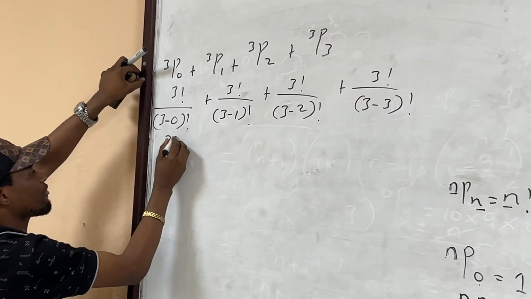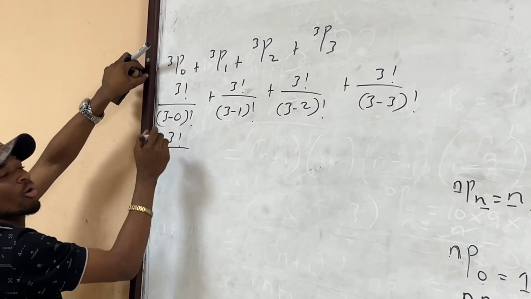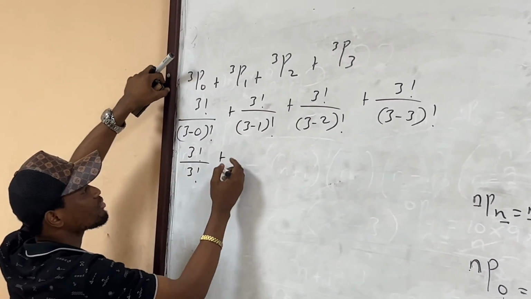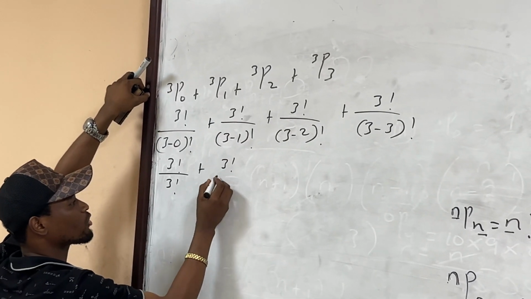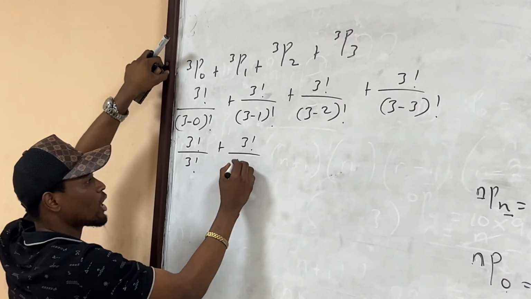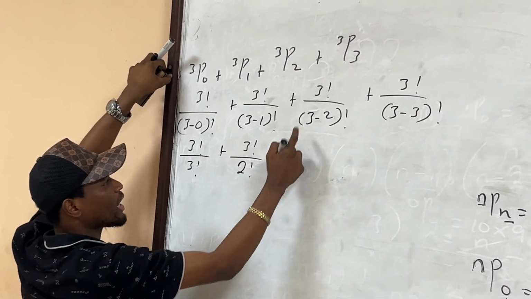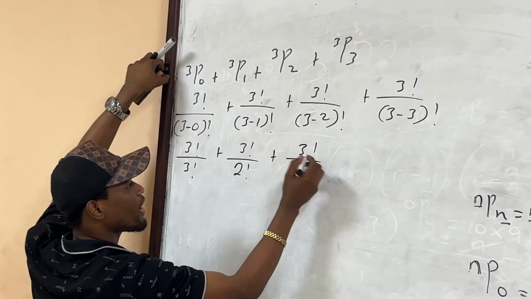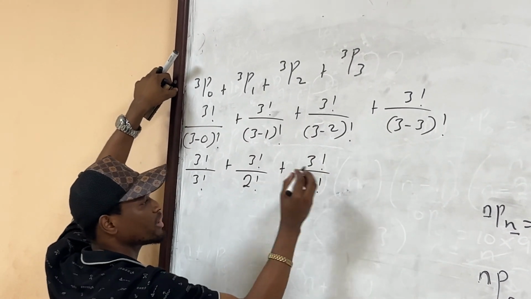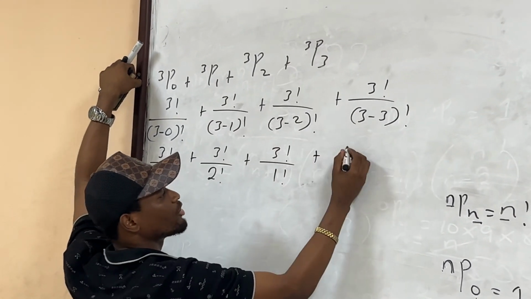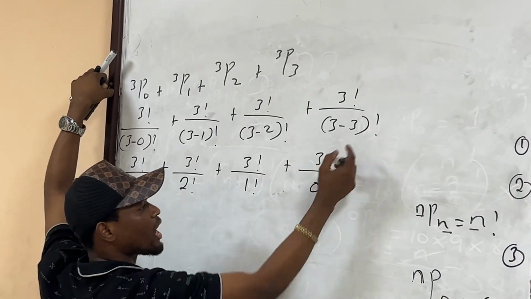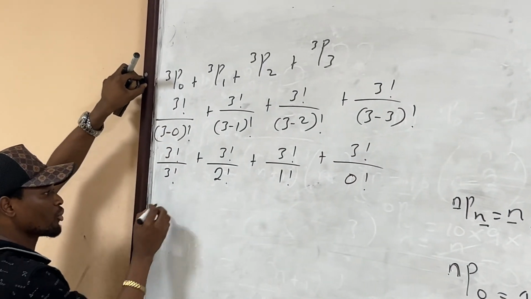So here I have 3 factorial over 3 minus 0 gives 3 factorial there. Now plus 3 factorial over 3 minus 1, which is 2, then factorial. Then plus 3 factorial over 3 minus 2 gives 1, factorial. Then plus 3 factorial over 3 minus 3, which is 0, factorial.